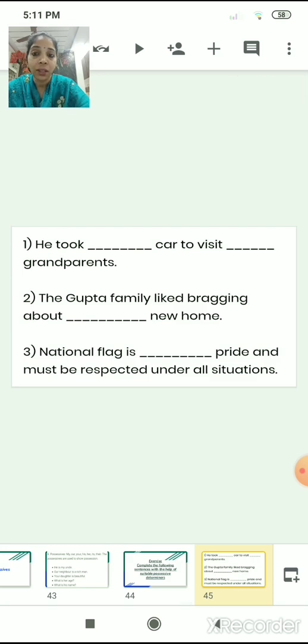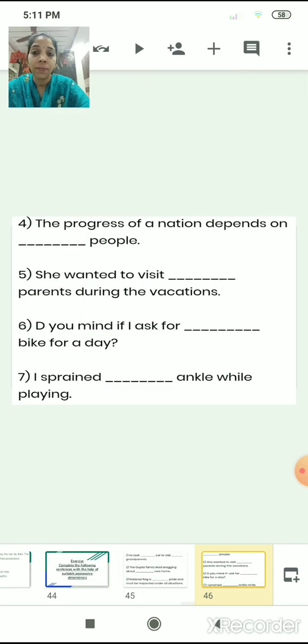He took my car to visit his grandparents. The Gupta family liked bragging about their new home. National flag is our pride and must be respected under all situations. The progress of a nation depends on its people.